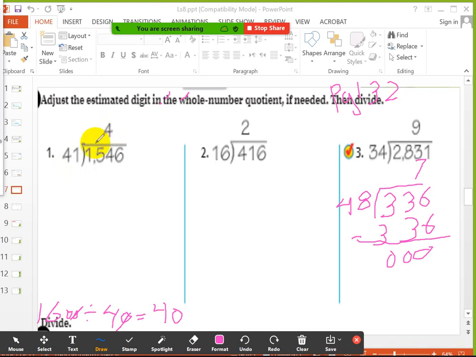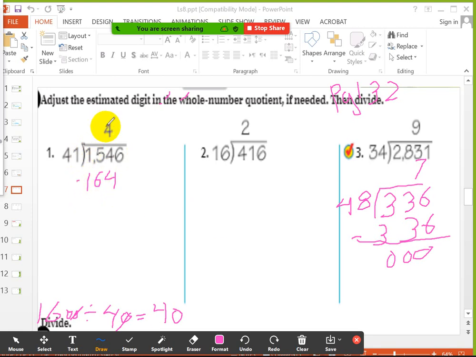Let's multiply 4 with this number. 4 multiply 1 equals 4. 4 multiply 4 equals 16. Now, can I subtract 164 from 154? No, I can't. Because the answer here is greater than the 154, so I can't subtract it from it.